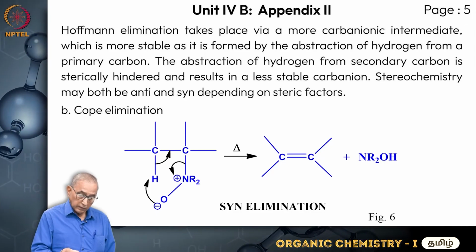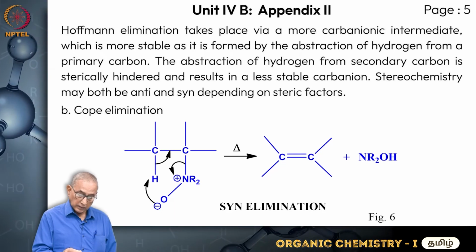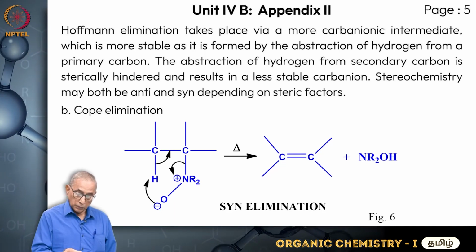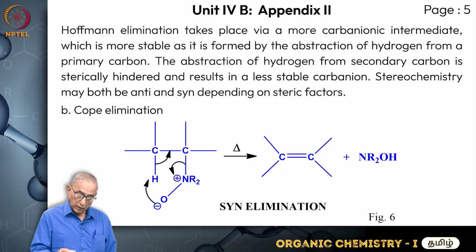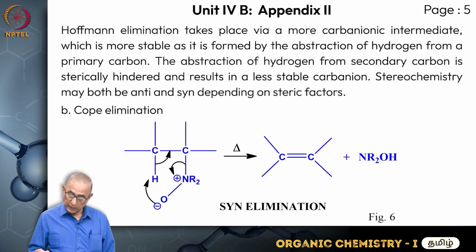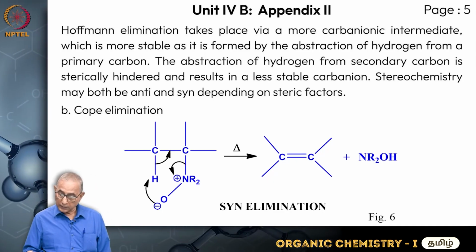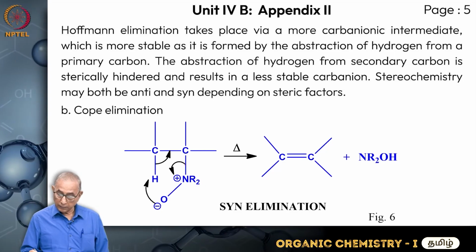When it abstracts this hydrogen in a cyclic fashion, this hydrogen is abstracted. This bond goes towards the two carbons, and this bond goes to neutralize the NR2 plus. You will get the dialkyl hydroxylamine.